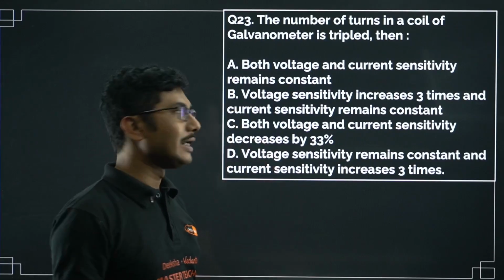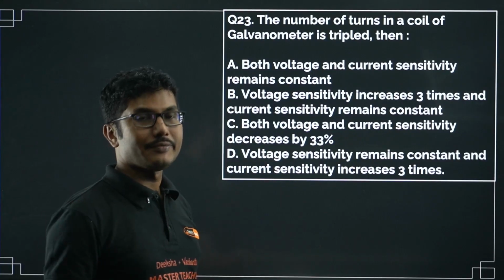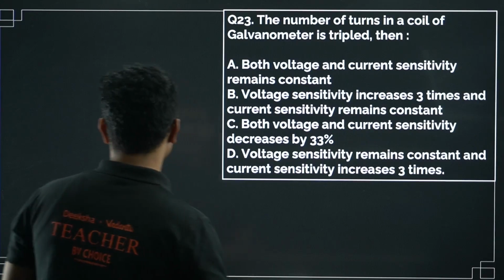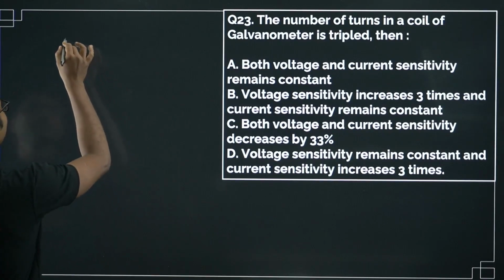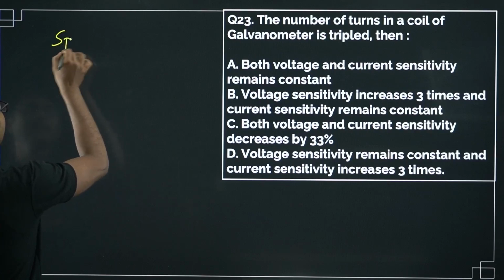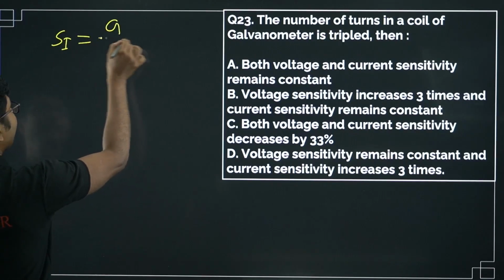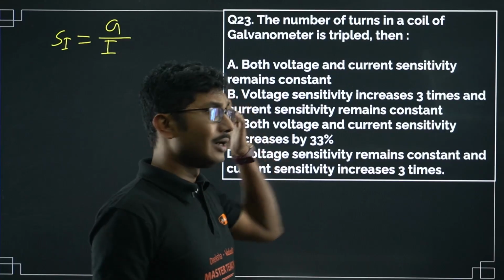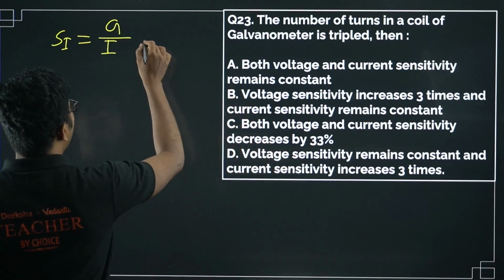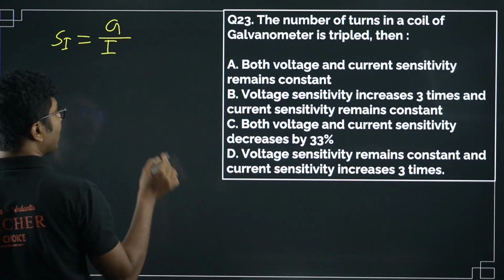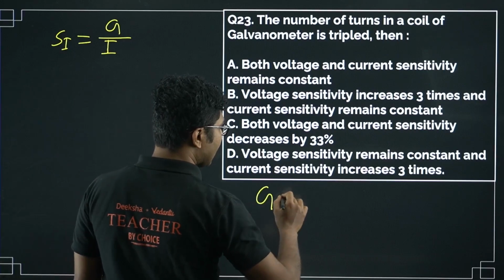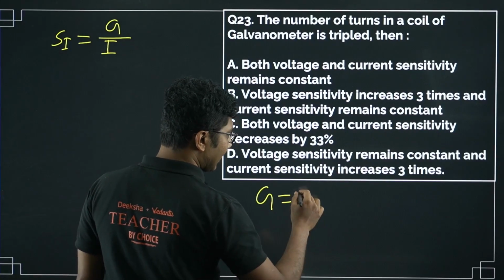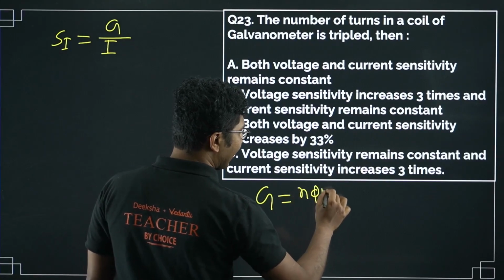Now let us understand what is the voltage sensitivity and what is the current sensitivity. Current sensitivity is the galvanometer constant divided by current, right? The galvanometer constant has some term, I don't exactly remember, n phi k, right?